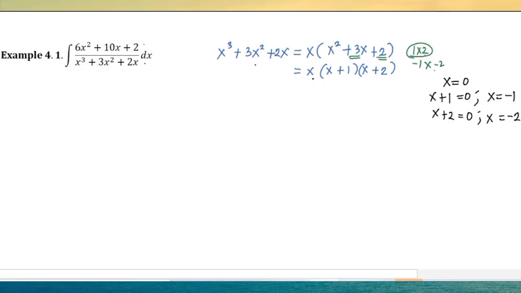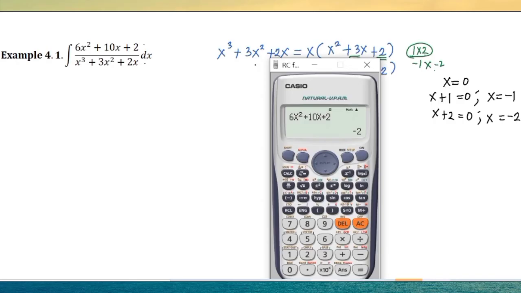So, paano natin kukumputin itong mga roots natin gamit ang calculator? So, first thing na gagawin natin is, ito ay basic na to, no, sa mga marunong na gumamit ng calculator. So, yung purpose ng discussion na to ay para sa mga nag-e-explore pa lang. So, we have to press mode and 5 equation.